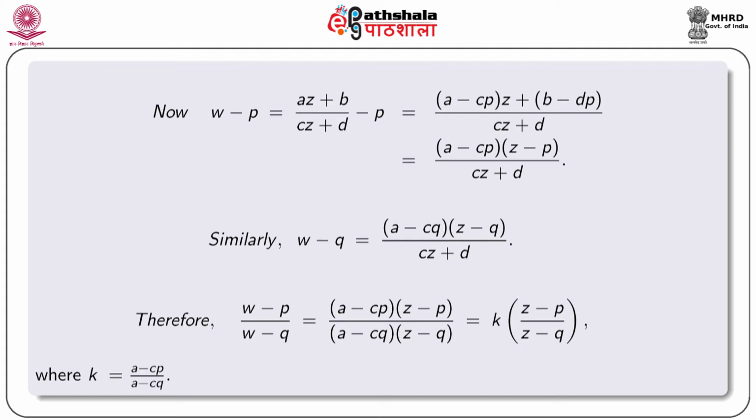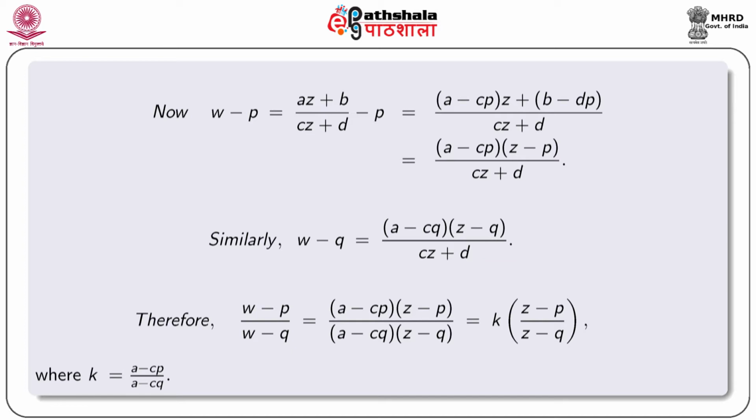Now w − p = (az + b)/(cz + d) − p, and this gives, after simplification, (a − cp)(z − p)/(cz + d). Similarly, we obtain w − q = (a − cq)(z − q)/(cz + d).